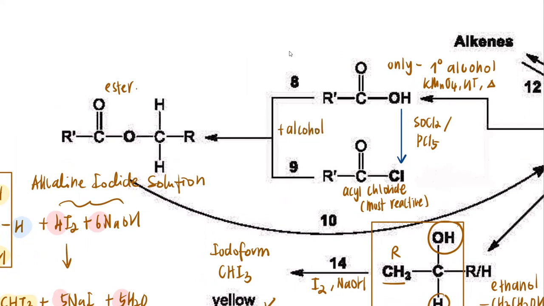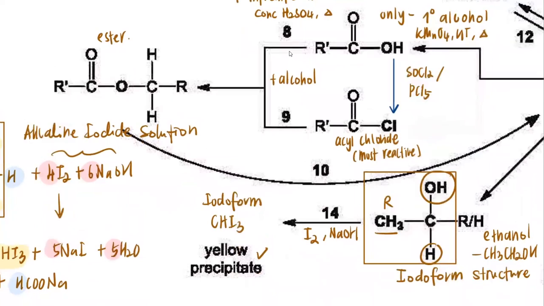It must be alcohol. These reactions must react with aliphatic alcohol only, cannot use aromatic, meaning one with a benzene ring cannot. The reagent is concentrated sulfuric acid, simply heated. For number 9, this one can do both, aromatic and also aliphatic.